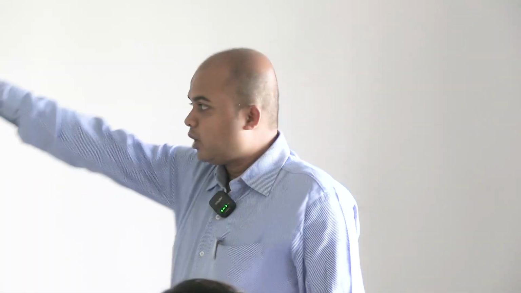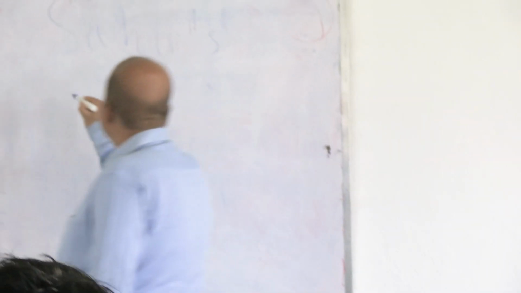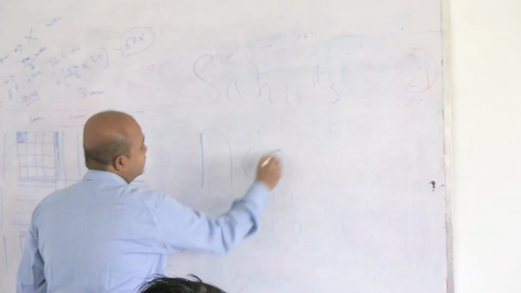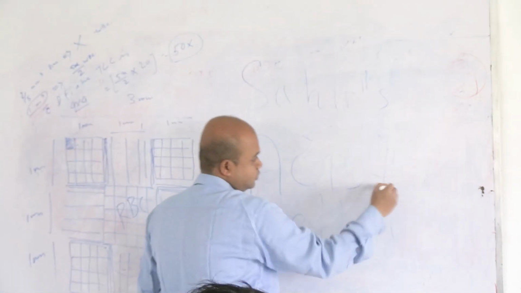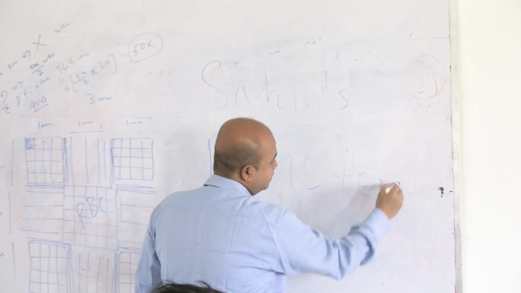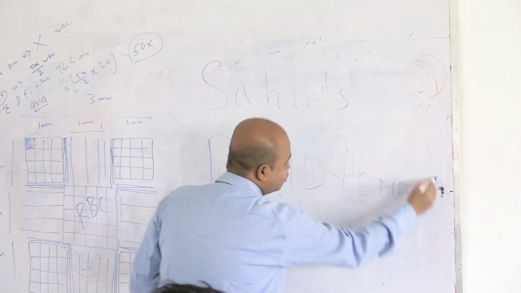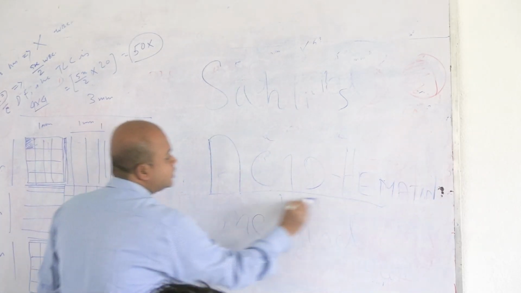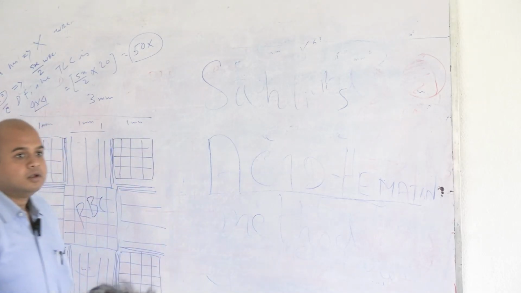So, why have I given a gap between Sahli's and method? Because if you say Sahli's method, the answer is only partially correct. I'll repeat it for you: Sahli's acid hematin method, this should be your answer.